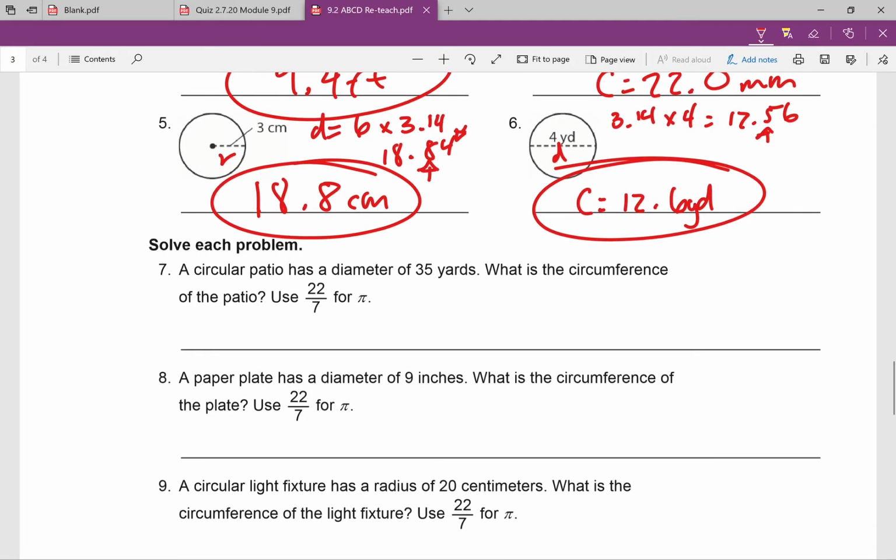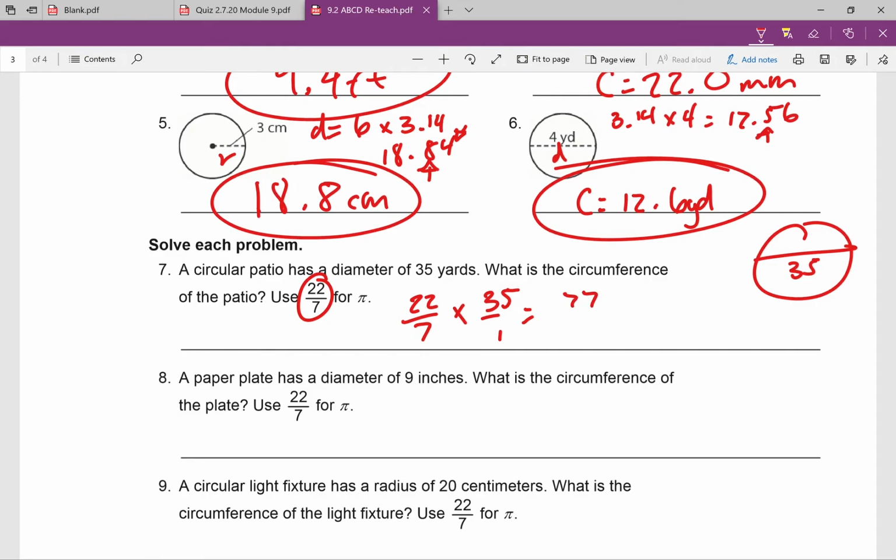Now we're going to do the same thing with the word problems, but now we're going to use this. So I had a patio, diameter 35. So it's 22 over 7 times 35. Put a 1 under. 22 times 35 gives me 770 divided by 7, which is 110 yards in circumference.